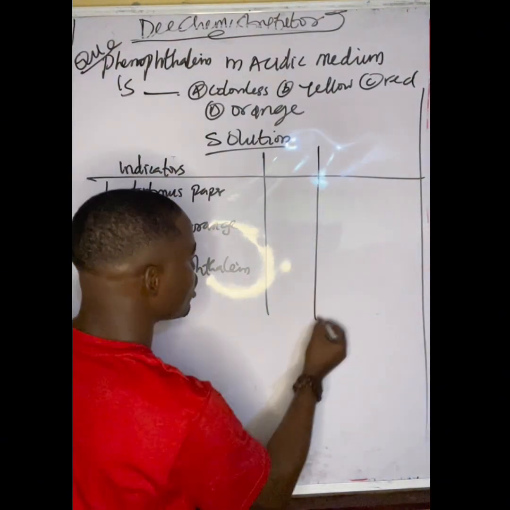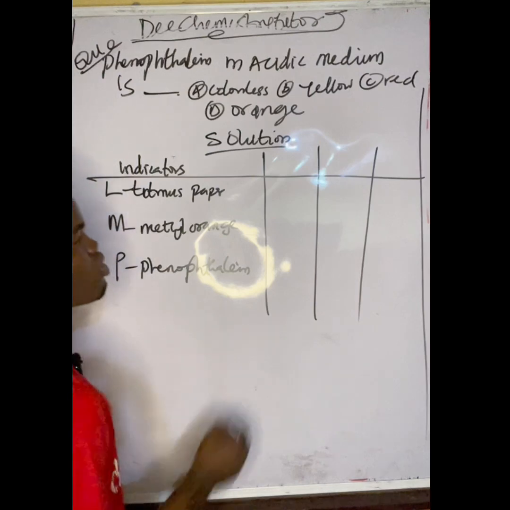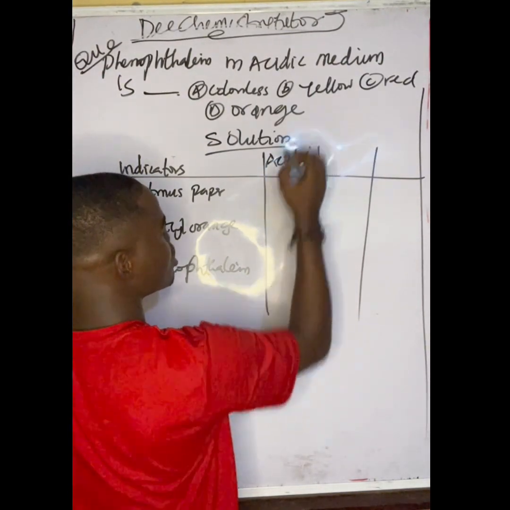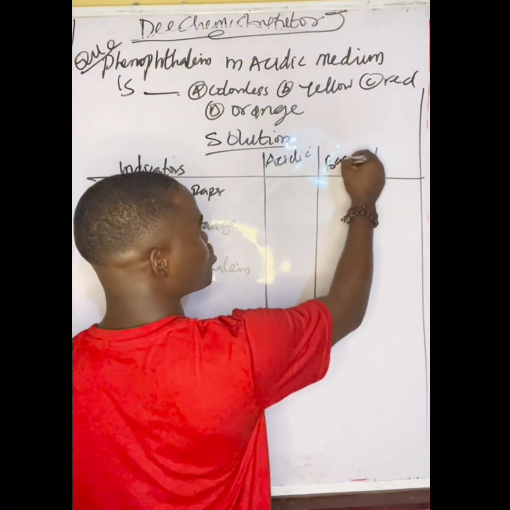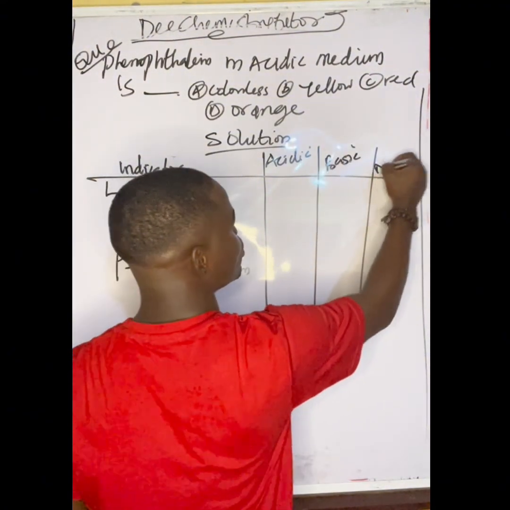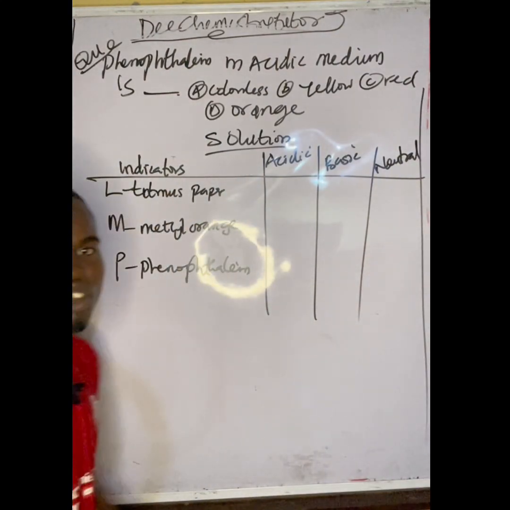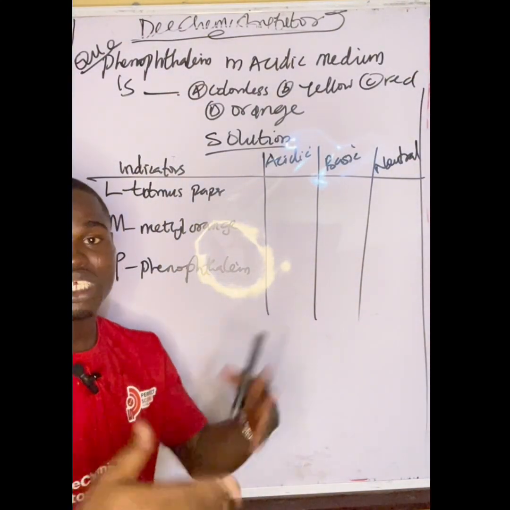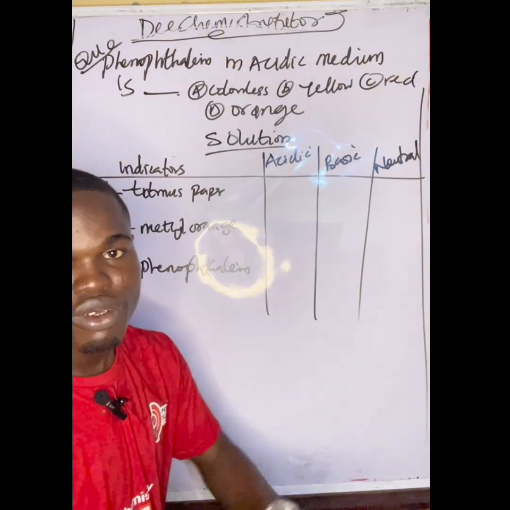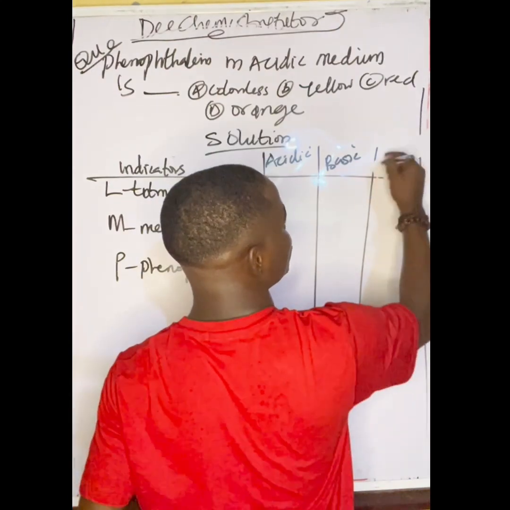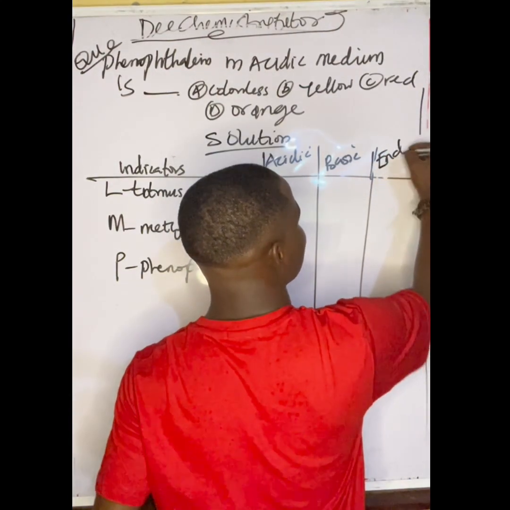Now there are other three things we have to know. The first thing is: is it acidic medium, is it basic medium, and is it neutral? Those are the things you need to know. Is it that you put it in acidic medium, or basic medium, or neutral? Do you get an endpoint?